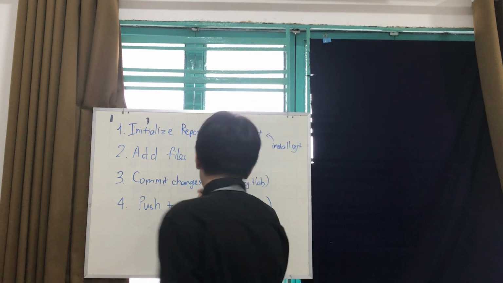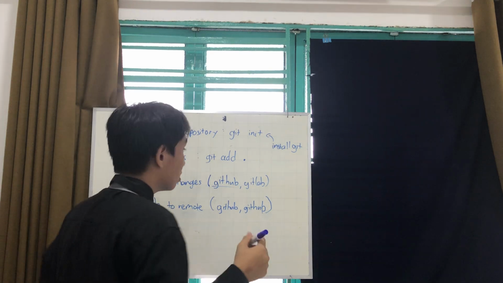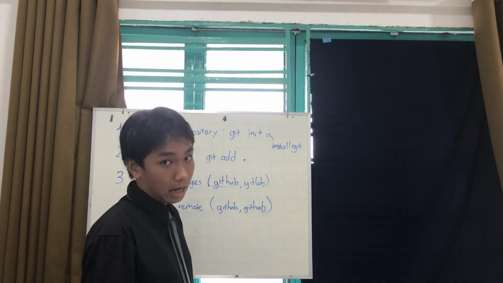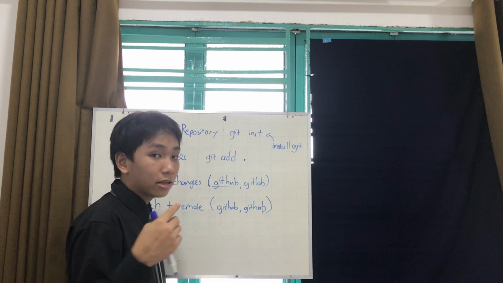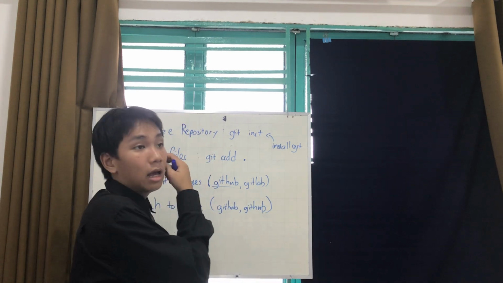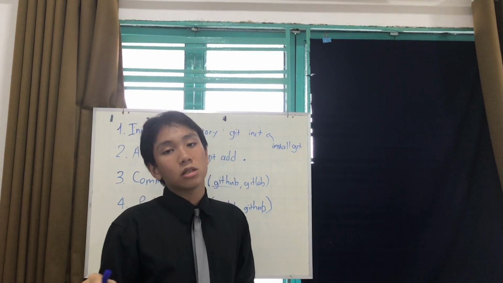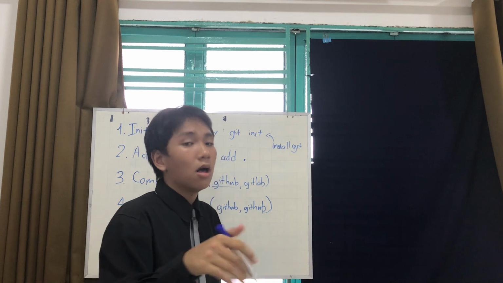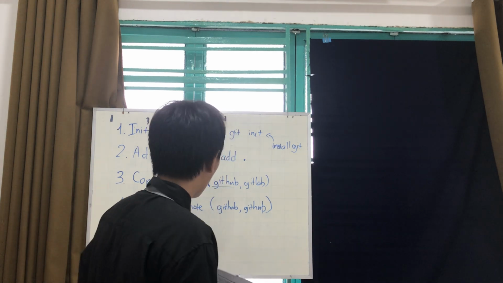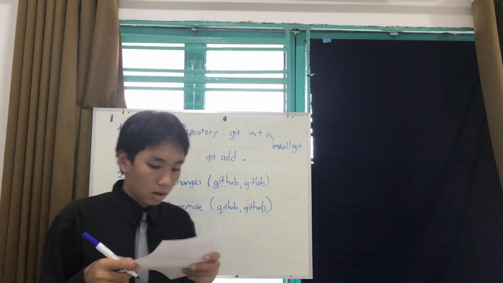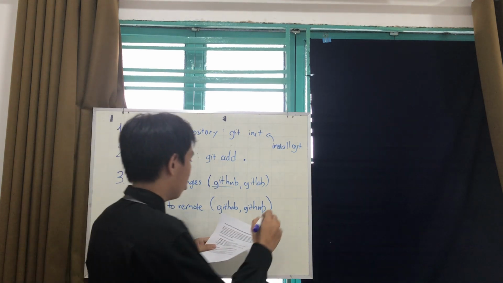No, not really. When you commit the changes, it is only saved. You cannot see the files yet. Only when you push can you see everything in your code as files on the GitHub repository. So you use git push.